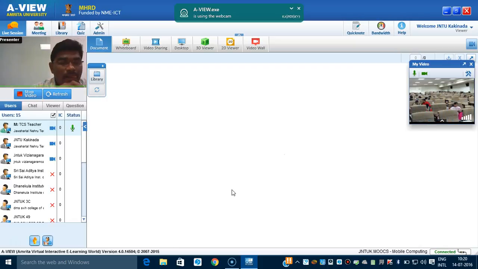Now we will see reverse tunneling. You see, now in mobile IP network we have source mobile node and home agent, foreign agent, and visitor mobile node. Now that visitor mobile node is sending packets to the source mobile node.